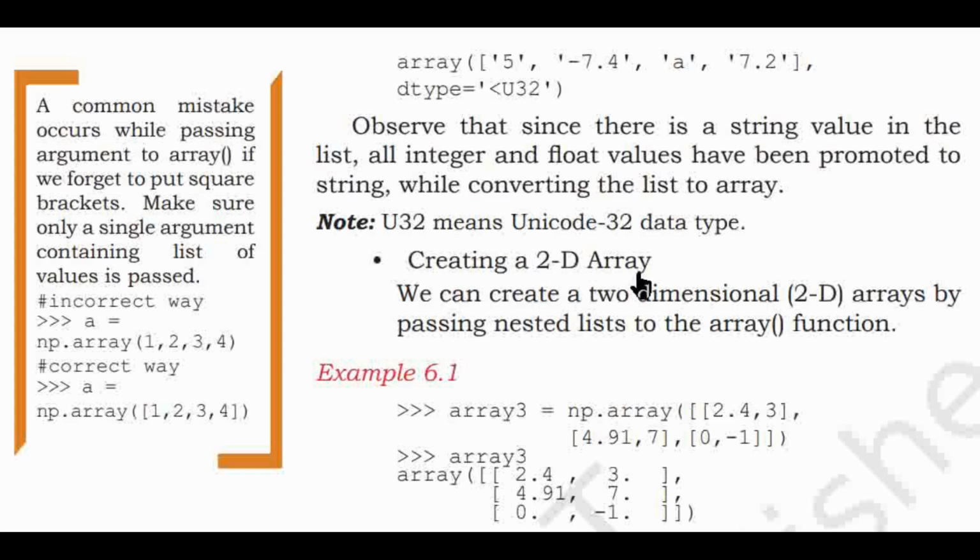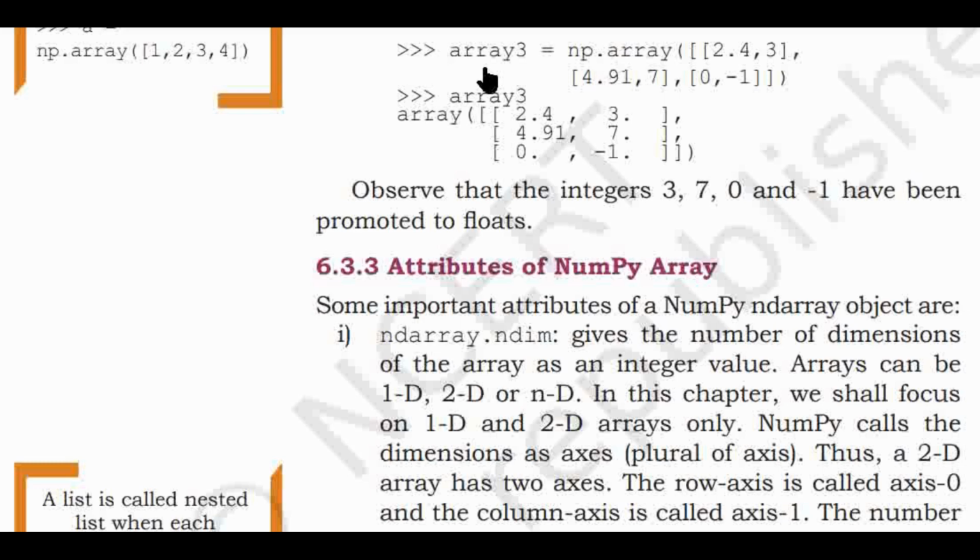Creating a 2D array. We can create a two-dimensional (2D) array by passing nested lists to the array function. Example 6.1: array3 = np.array([[2.4, 3], [4.91, 7], [0, -1]]), then array3.